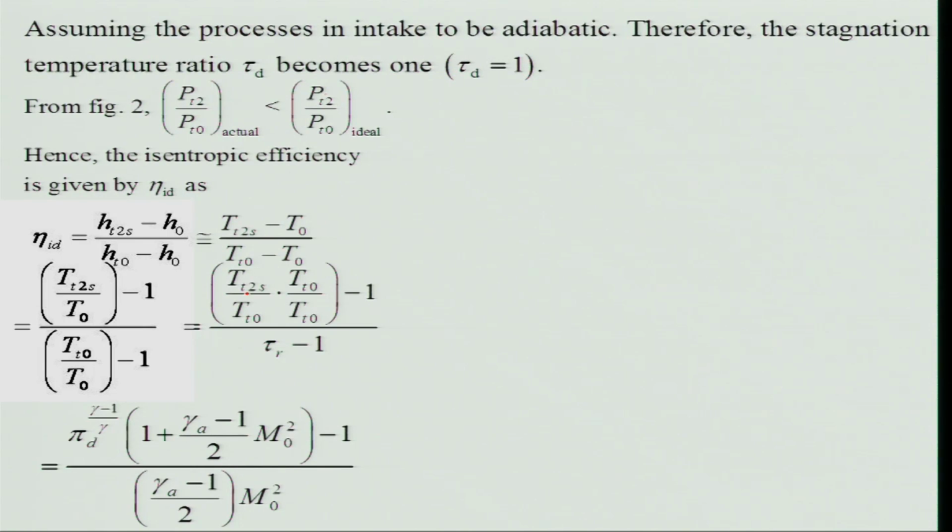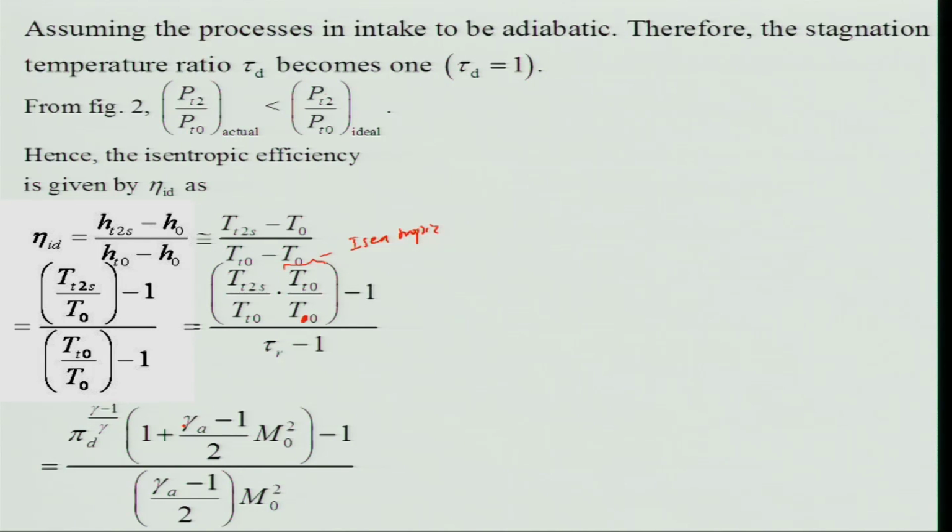Right, this I can write down, this is basically Tt2S divided by Tt naught into Tt naught by T naught, right, and we know that Tt naught divided by T naught is nothing but 1 plus gamma A minus 1 divided by 2 M naught square, is it not, right. If it is isentropic flow, because this portion is isentropic, right.